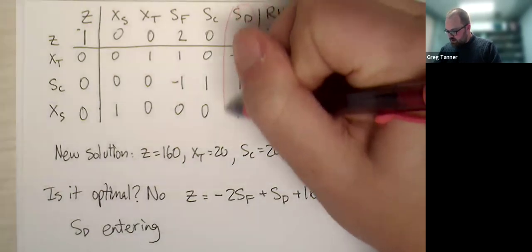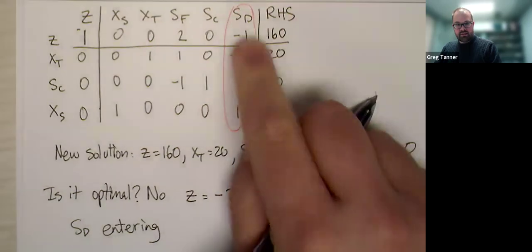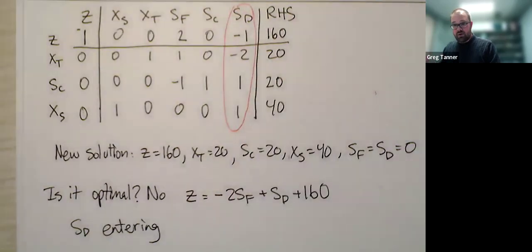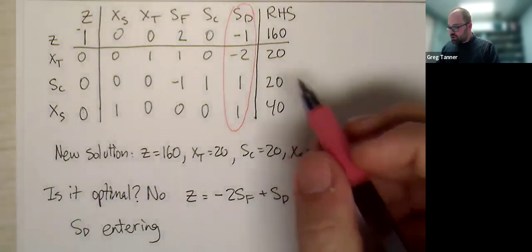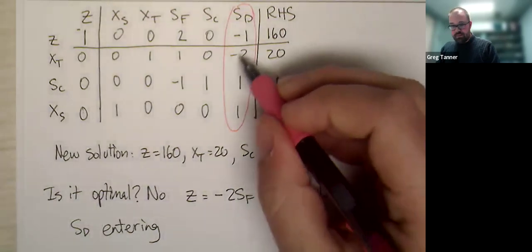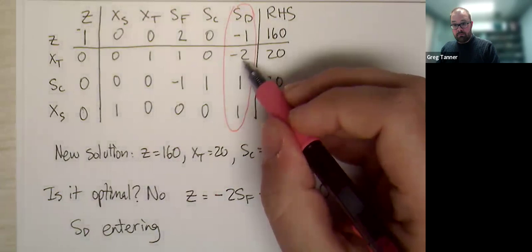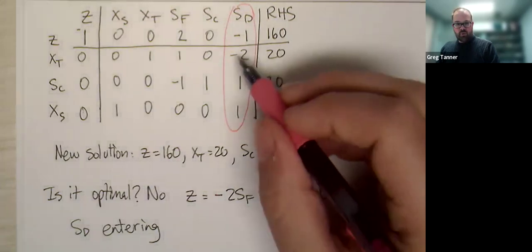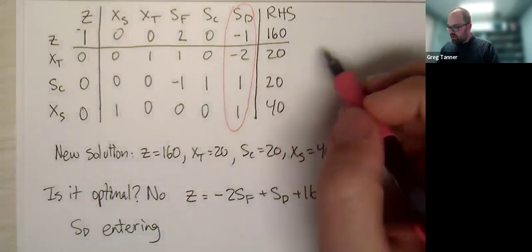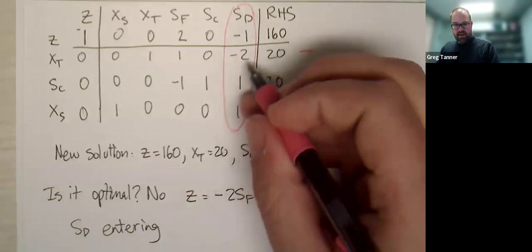We'll circle this column here. We can see that it's got a -1, a negative coefficient in the top row. It indicates improvement for a maximization problem. Now let's compute our ratios. We take this number divided by the value in our pivot column. If we have a negative in our pivot column, ignore that one. We can't pivot on a negative.